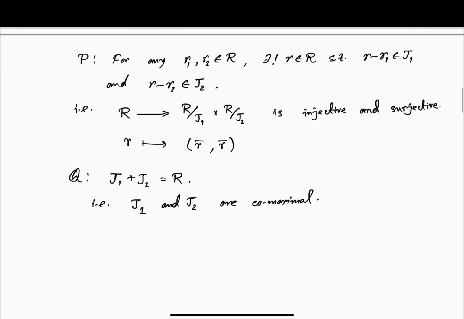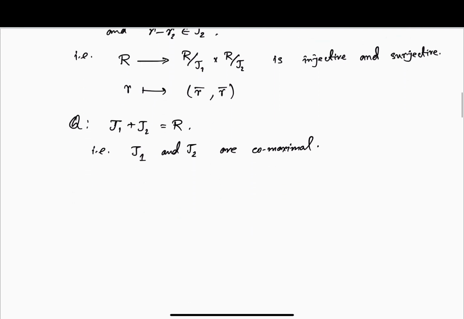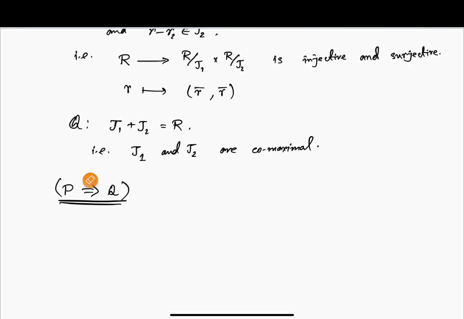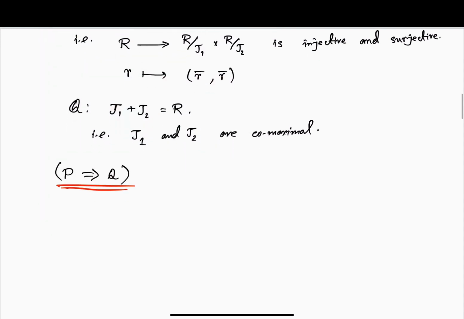Okay, so first we'll show that P implies Q. We have to prove that J1 and J2 are co-maximal, meaning J1 plus J2 is R. So suppose not.